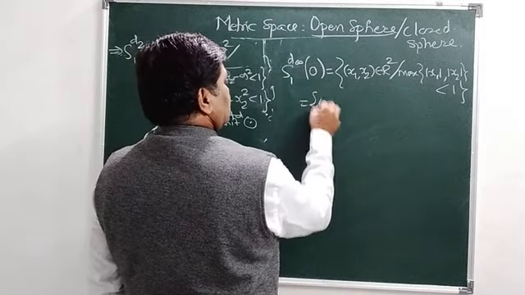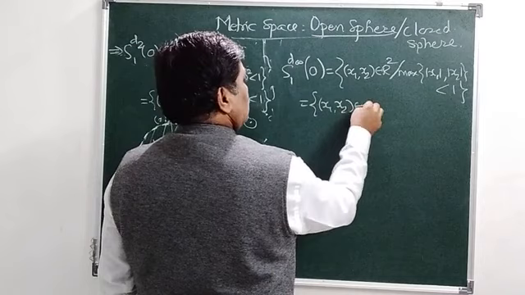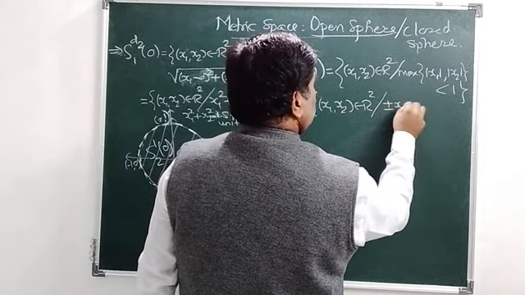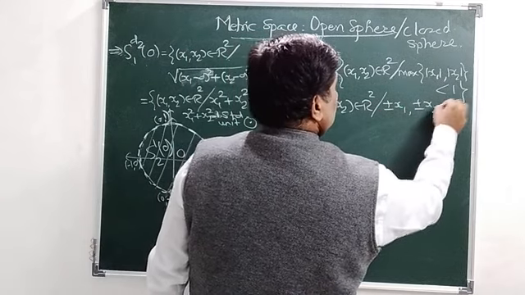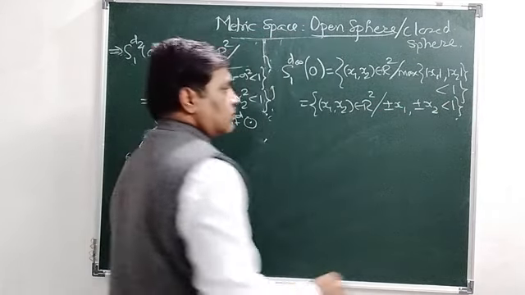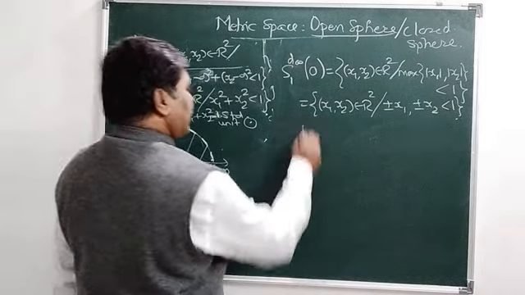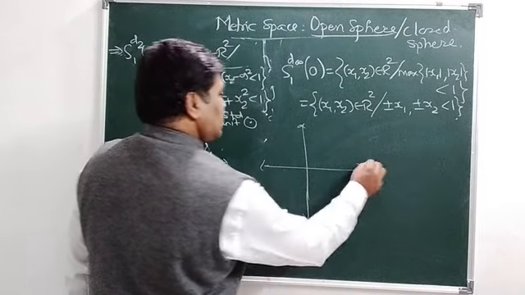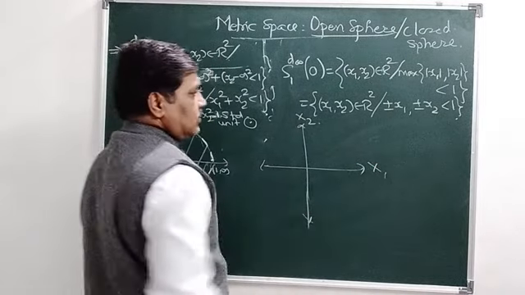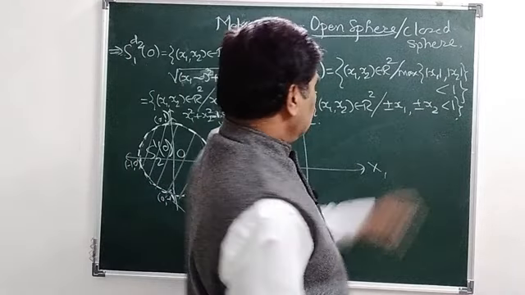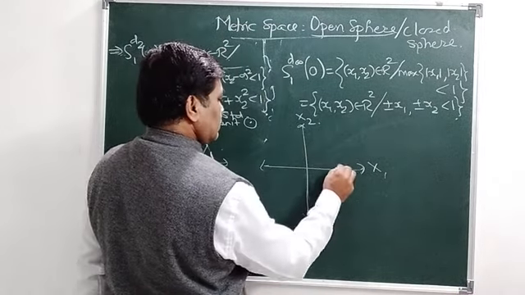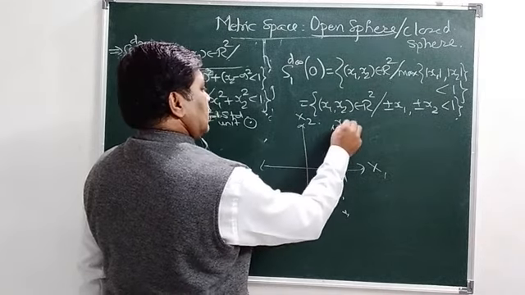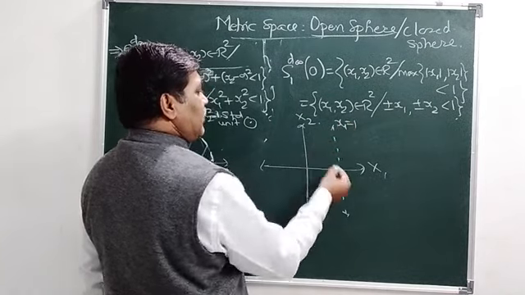That means mod x1 less than 1 and mod x2 less than 1, that is, plus or minus x1 and plus or minus x2 less than 1. This is your x1 axis, this is the x2 axis. If x1 is equal to 1, this is my x1 equals 1 line. X1 less than 1 means this part.